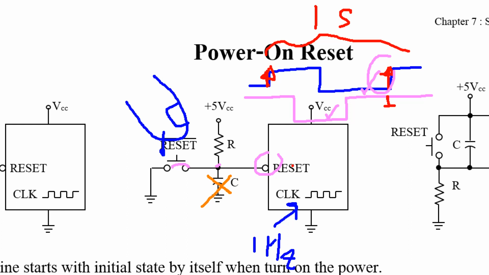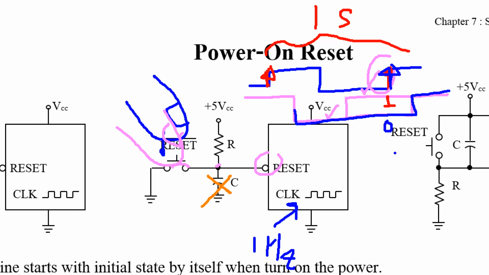If you want to reset, you need to keep pressing this long enough. Maybe it needs to keep low level at least 1 second, to make sure that when the clock ticks, it can detect logic low at here.